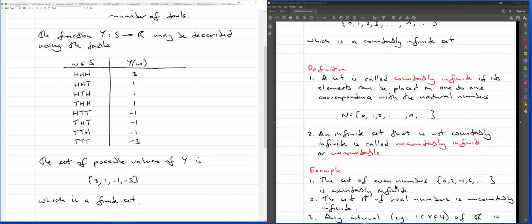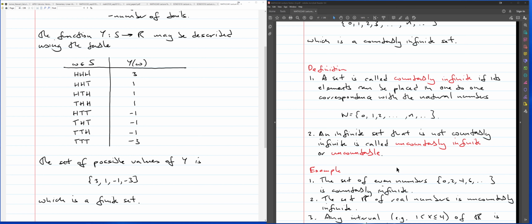An example of a countably infinite set is 0, 2, 4, 6, 8, and so on. Here you're counting one after the other. Informally, what you could realize is that you can create a bijection between the natural numbers and the set of even numbers.